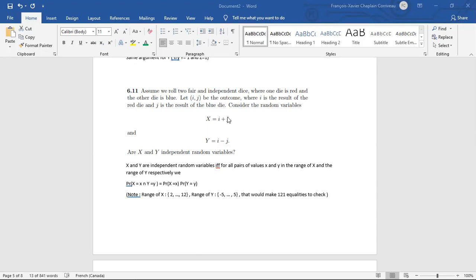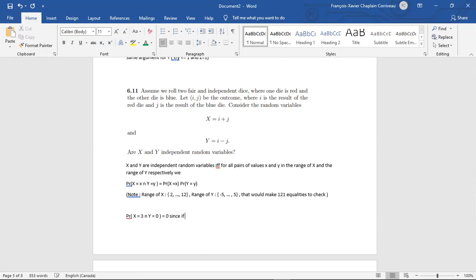But if this is odd, then the two numbers are not the same. So for example, look at the probability that X is equal to 3 and Y is equal to 0. That's 0. Why is that?